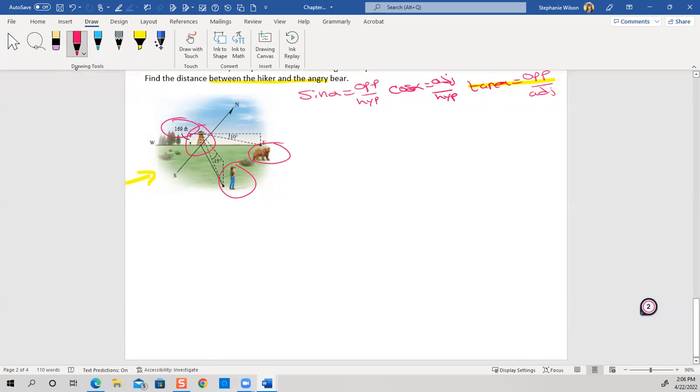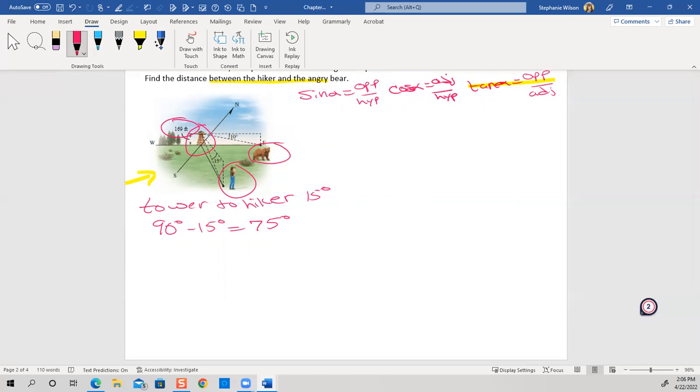So when we notice that from the tower to the hiker, we have a complementary angle of depression of 15 degrees. So what do I have going on here? I have a 90-degree angle. So I'm going to subtract that 15 degrees from it, and it gives me 75 degrees.